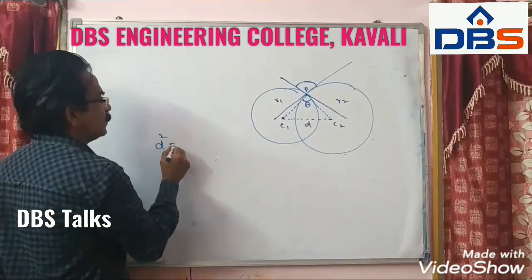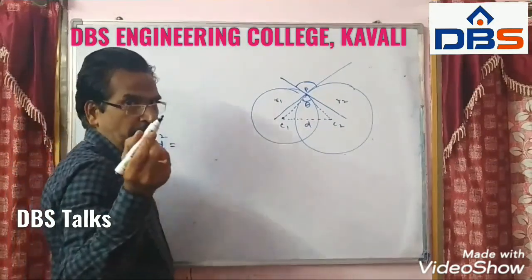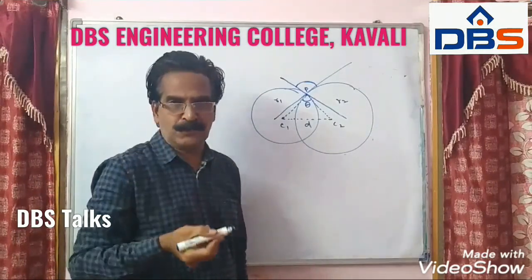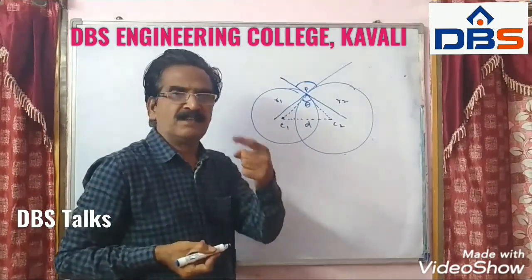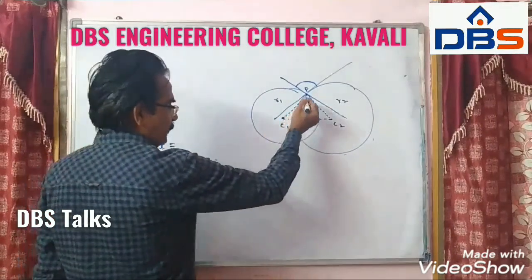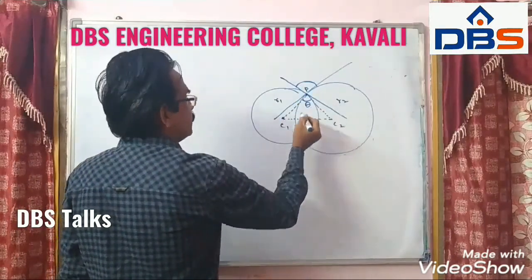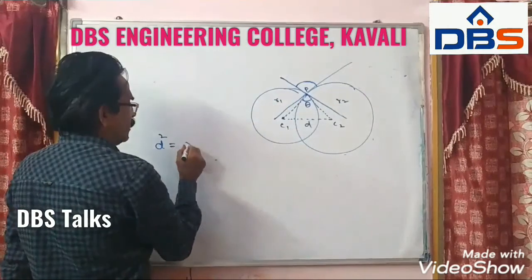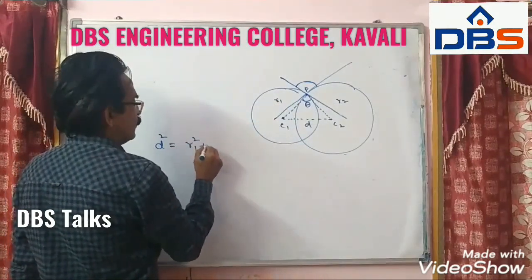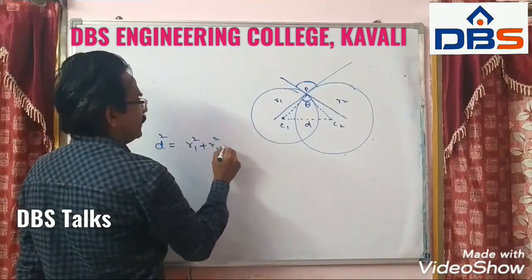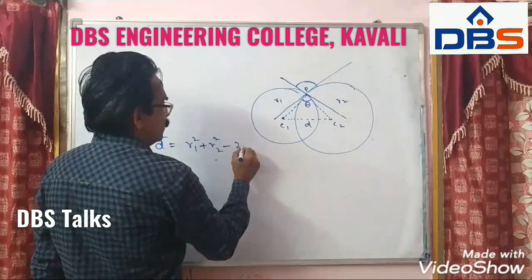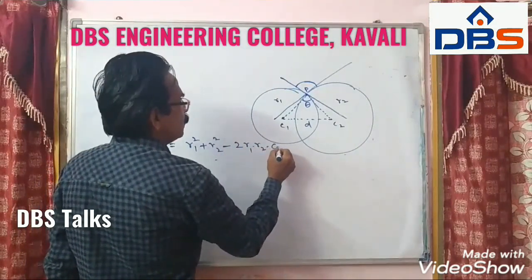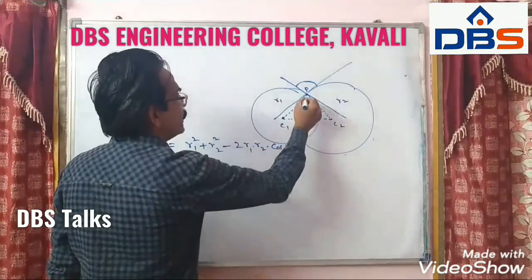You have read that cosine rule, c square is equal to a square plus b square minus 2ab cos c. So that cosine rule I am writing from the PC1C2 triangle. D square is equal to r1 square plus r2 square minus 2 r1 r2 cos theta.